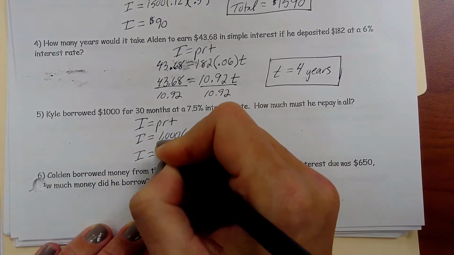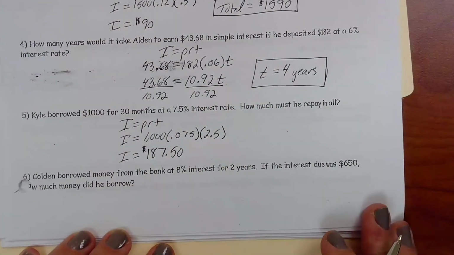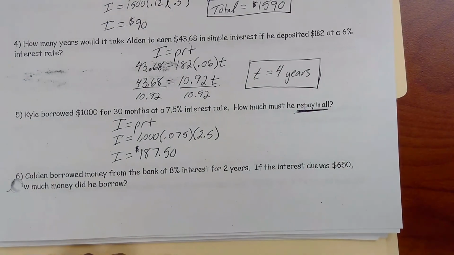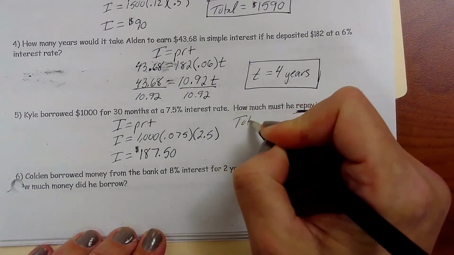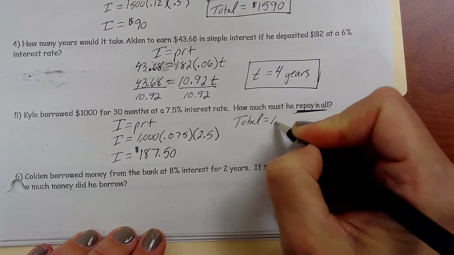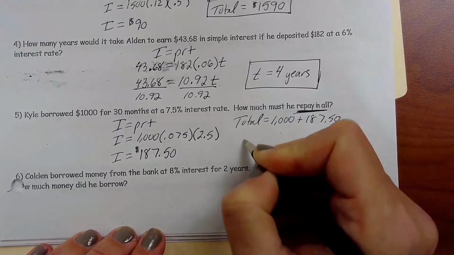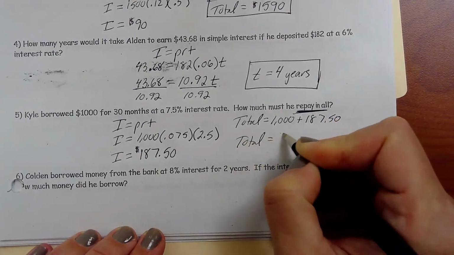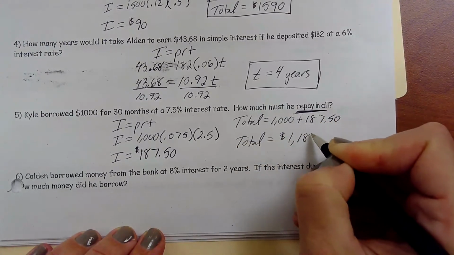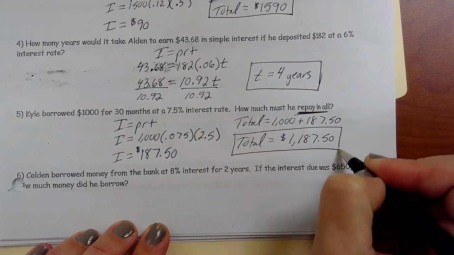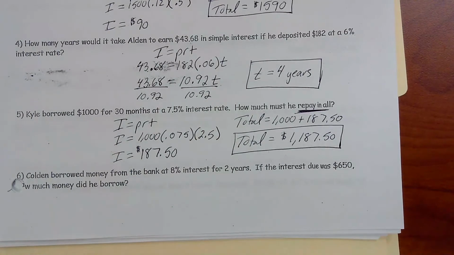I'm getting the interest is $187.50, but I'm not done, because it says repay in all. So the total, Kyle has to pay the 1,000 plus the $187.50. So there is your final answer for number 5.